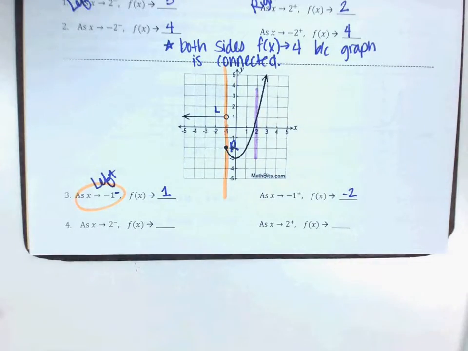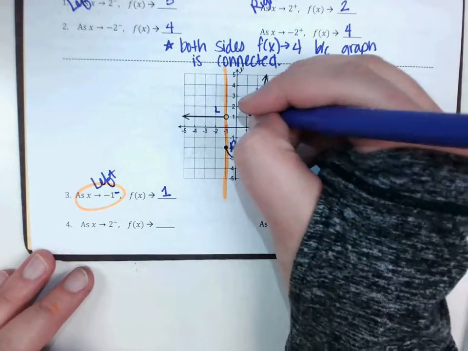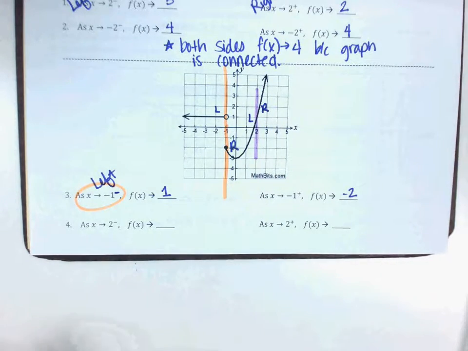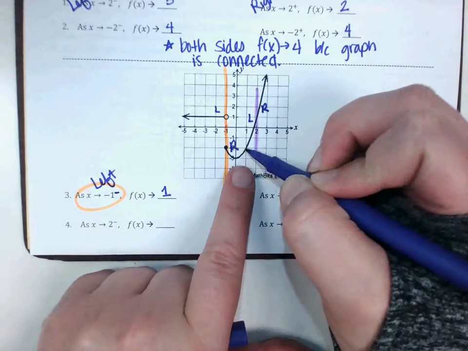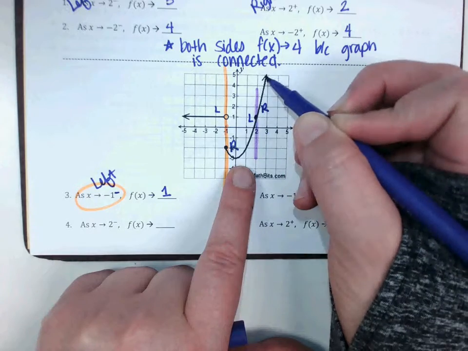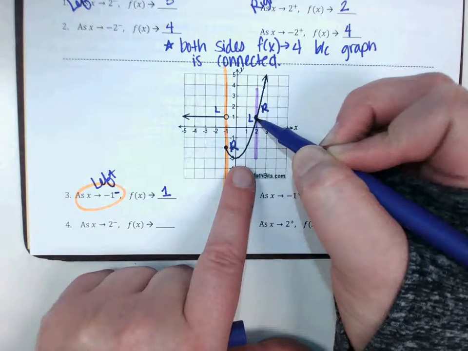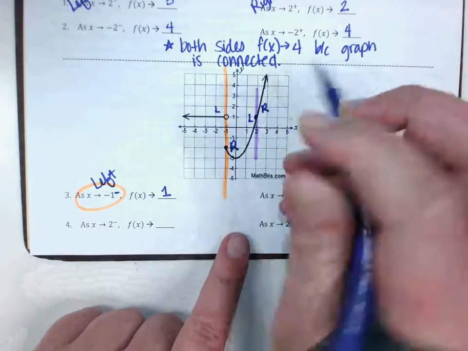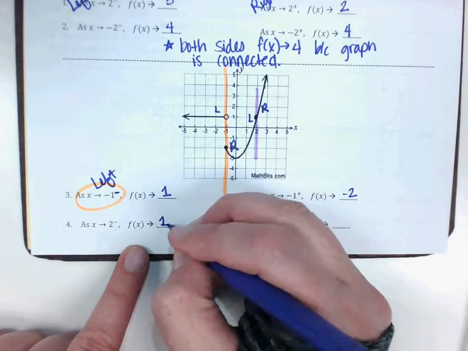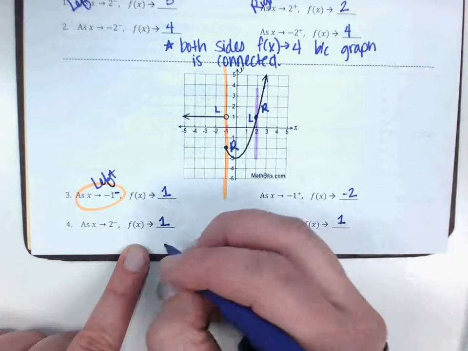I have a left side and a right side of my purple line. But what do you notice about both of the sides? From this side, as I trace towards the purple line, what am I getting closer to? 1. What about from this side? 1. Why did they both come out to be 1? Because the graph is connected. So I would say 1 here, 1 here.